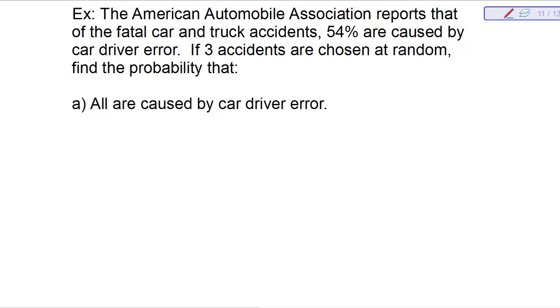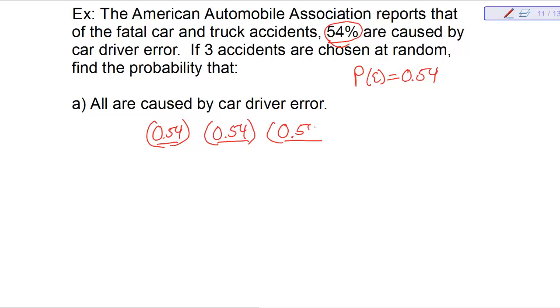So I'm going to choose 3 accidents, and they're all going to be car driver error. The probability of car driver error, probability of E, is going to be 0.54, my 54%. So if I want all of them to be that, I'm going to put in here 0.54 times 0.54 times 0.54.